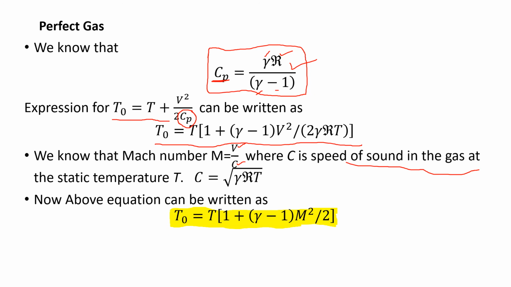And this C, velocity of sound, is given by the square root of gamma into gas constant into T. Now substituting all this in the stagnation temperature, static temperature relation, we get the expression for stagnation temperature in terms of gamma, that is the ratio of specific heats, and Mach number.